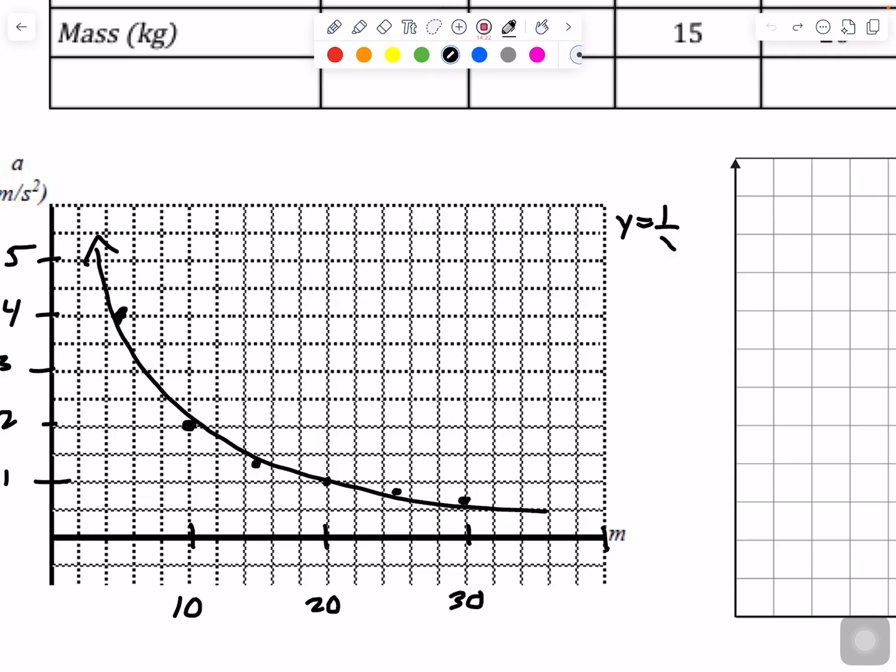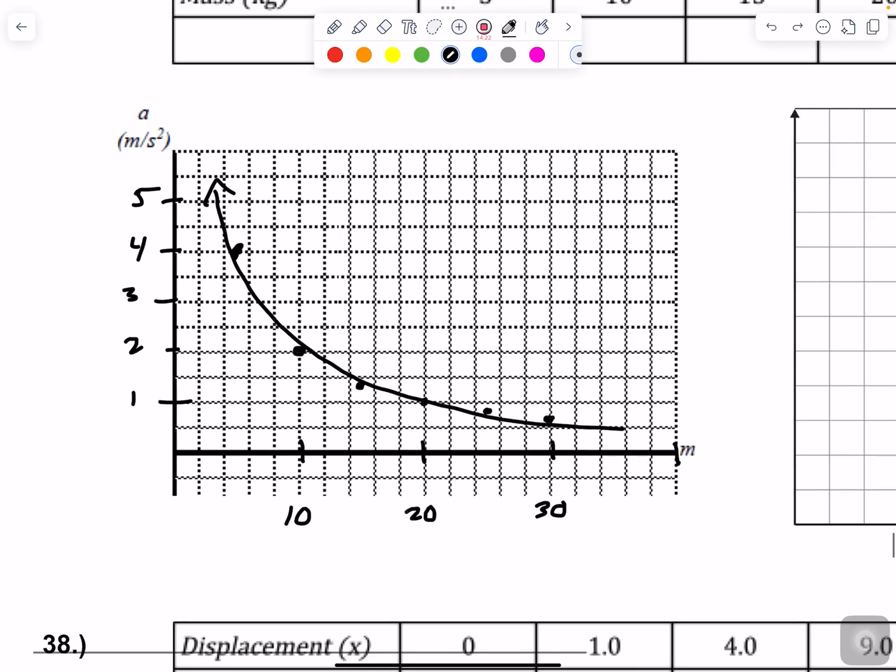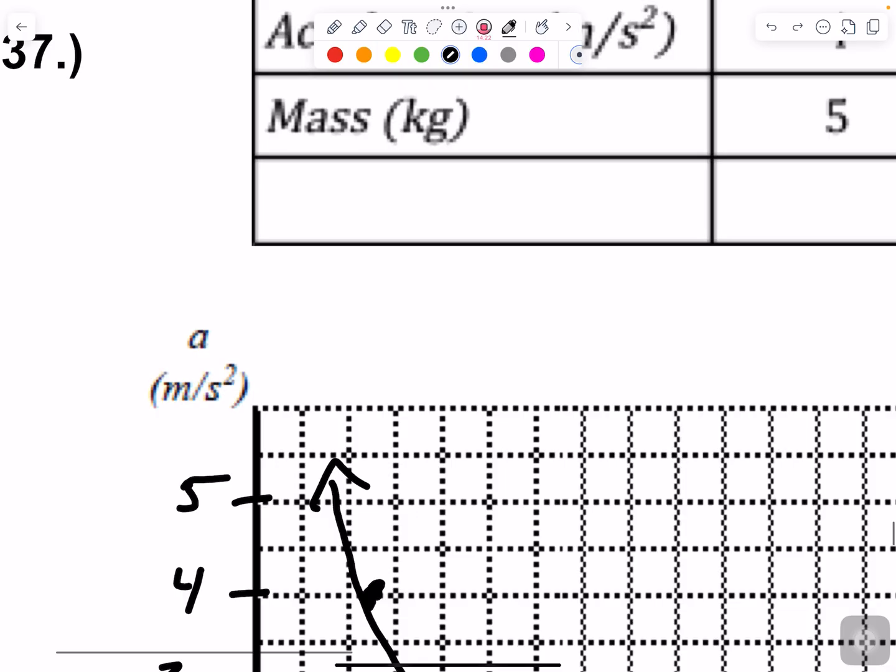Now, based on this model, what do we know? We know that acceleration would be equal to essentially some constant value over the mass. So we're kind of dealing with that.